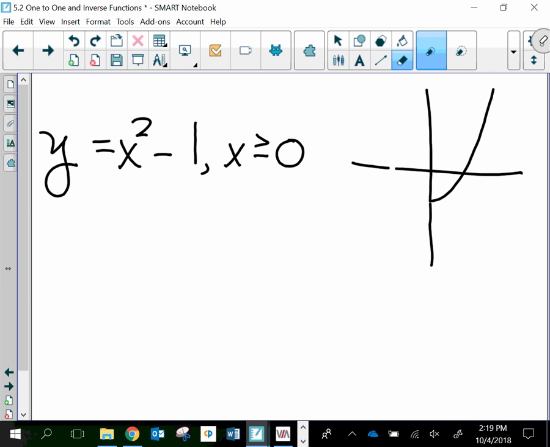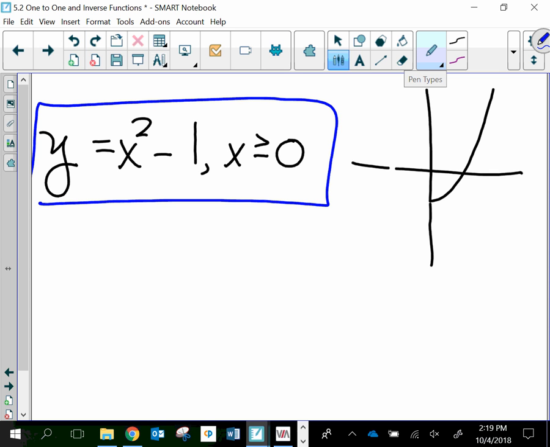So that's x squared minus 1 when x is only greater than or equal to 0. So they're eliminating the double values and making it 1-to-1. Because I've eliminated the double values, this is now a 1-to-1 function. So now we can find the inverse.